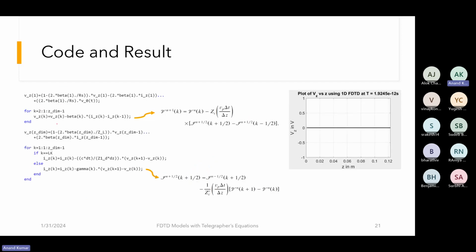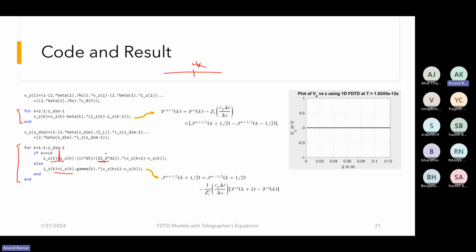Since the update equation for voltage remains the same, this loop is not changed. The only change we have seen was in the update equation for current, and since we are including an inductor at some position Lk, instead of using the regular update equation for current, we'll use the new update equation, and in that we just modify this term over here, this Z1D, which is calculated according to the previous expression that we have seen.